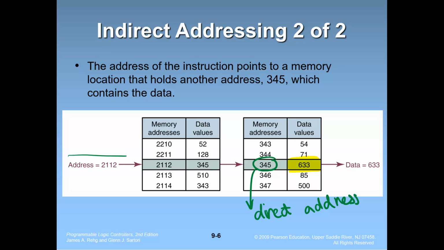So if I use this address, then it shows me a part of memory which has the direct address of my data. So the data in this address is the direct address of my data. Then after finding my direct address, I can go to the table again and find my data value, which is 633. Let me show you another example for direct and indirect addressing.